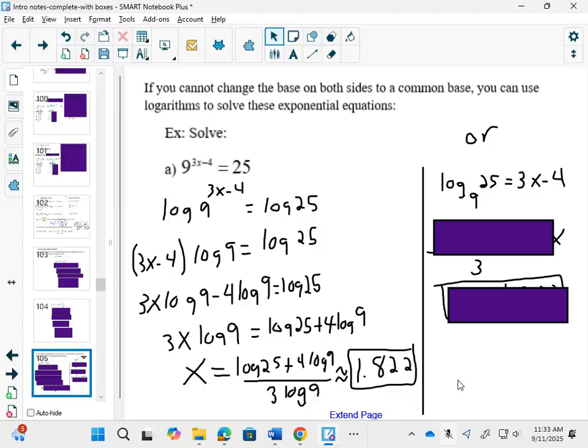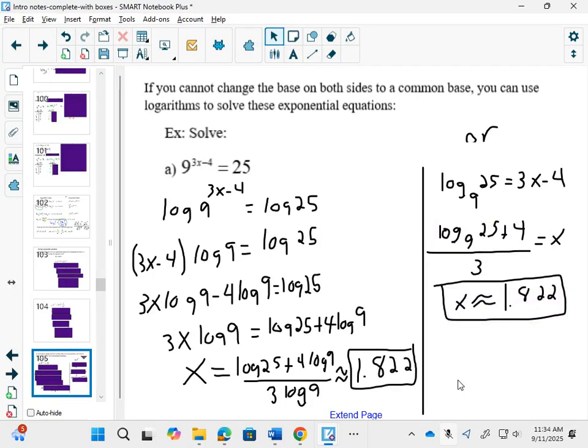Again, this is only going to be nice if you have that newer version of the calculator that lets you do this. Or you have to change that to log 25 divided by log 9 with your change of base. But now it's not hard to get the x by itself, and I get the exact same answer. This seems shorter. It's kind of nice. But it only works in certain situations, so that makes it a little bit problematic. I like the left-hand side because that strategy will work in all situations.